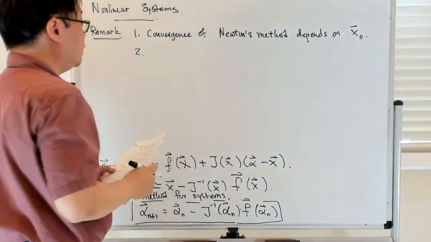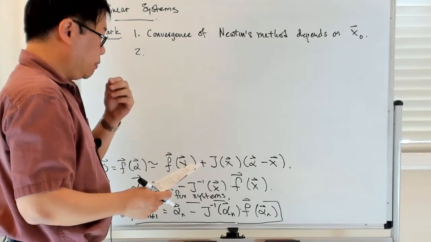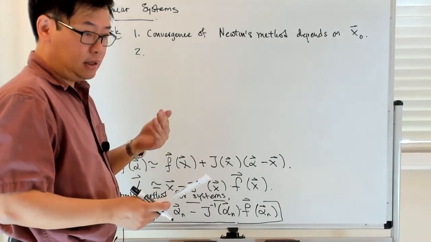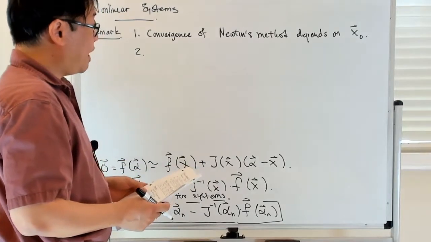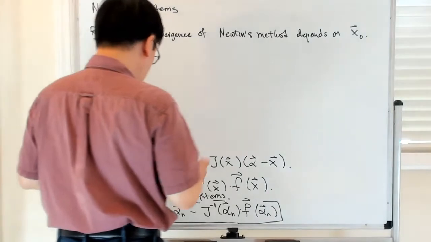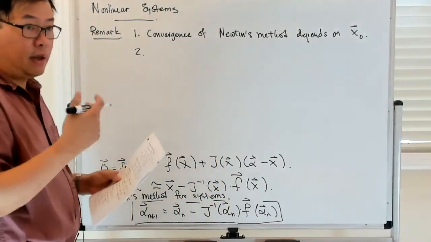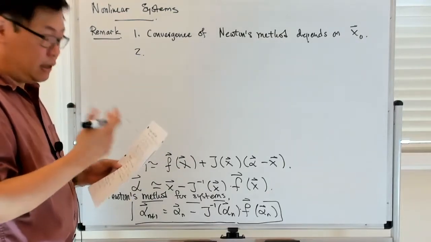And in addition, if you recall, the rate of convergence in the scalar case depends on the value of the derivative at the root. So something similar happens here: the rate of convergence of Newton's method depends on properties of the Jacobian at the root.